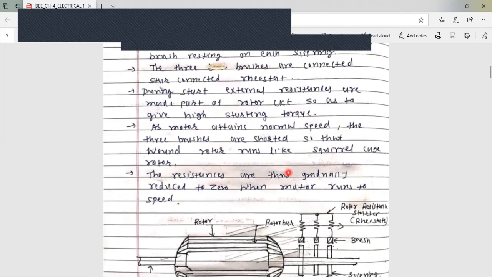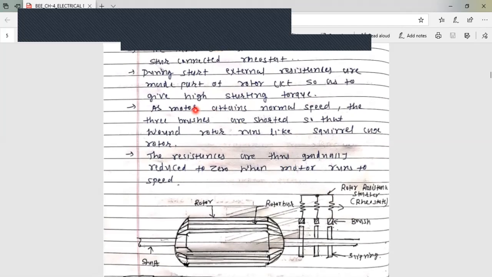See here, after the high starting torque, when the motor attains normal speed, these three brushes are shorted. So it runs like a normal squirrel cage type rotor. The resistances are gradually reduced to zero when the motor reaches its speed.